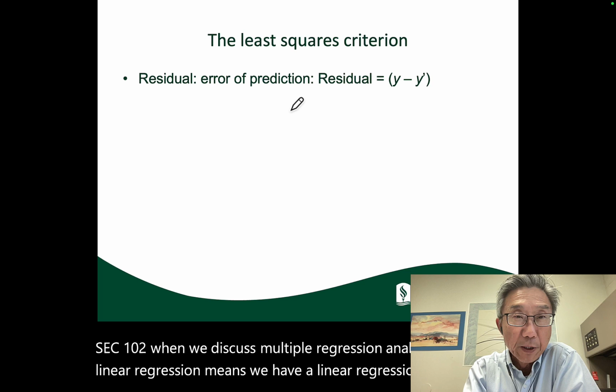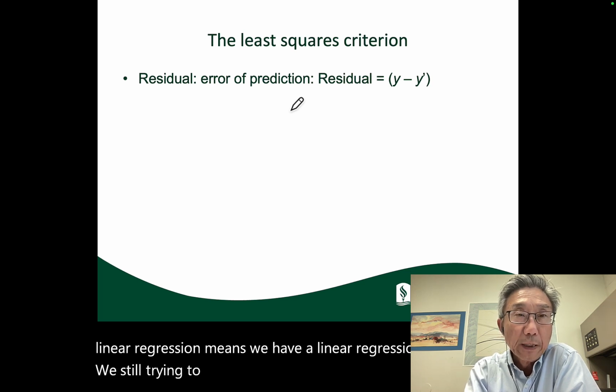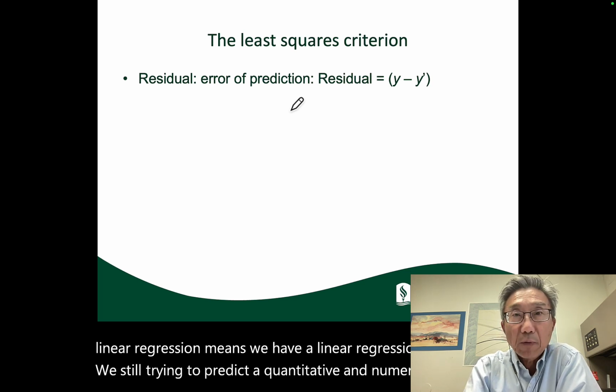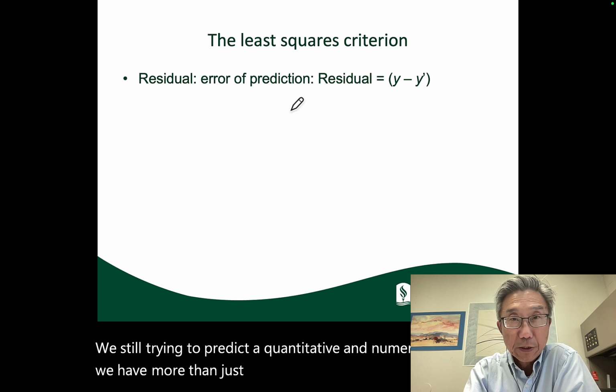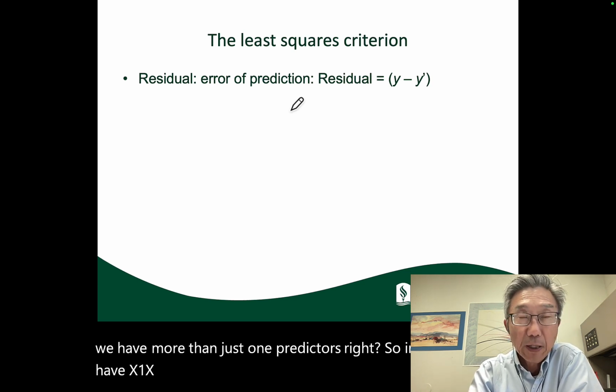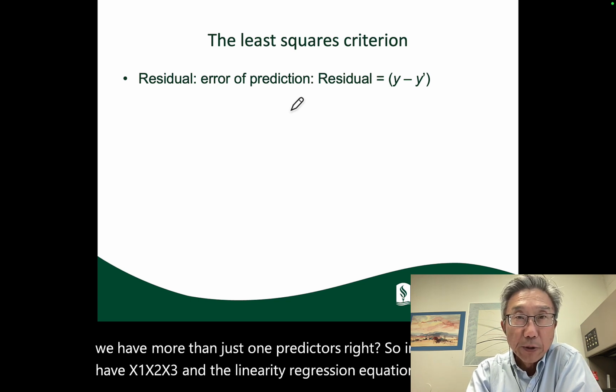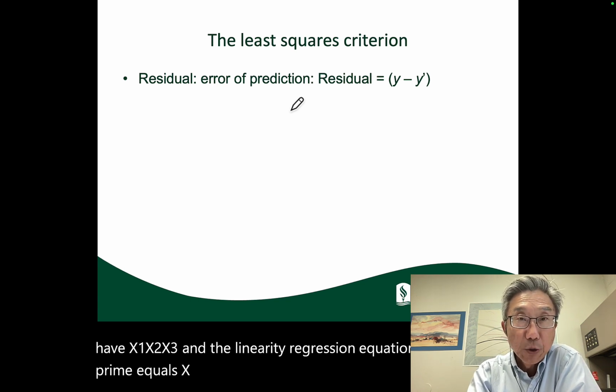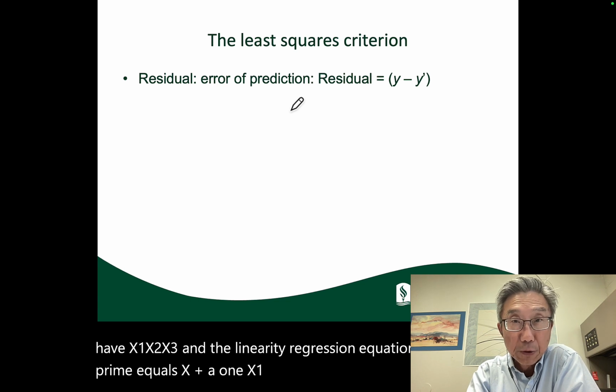We're still trying to predict a quantitative and numerical variable, but we have more than just one predictor, right? So instead of x, we have x1, x2, x3, and the regression equation becomes y prime equals a plus b1 x1 plus b2 x2 plus b3 x3, etc.